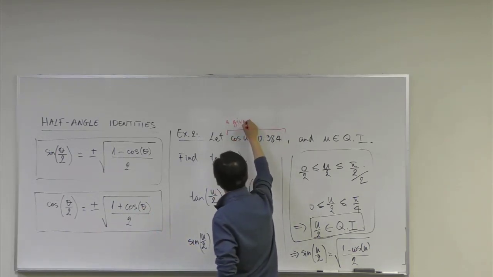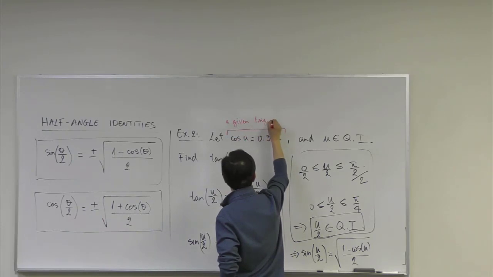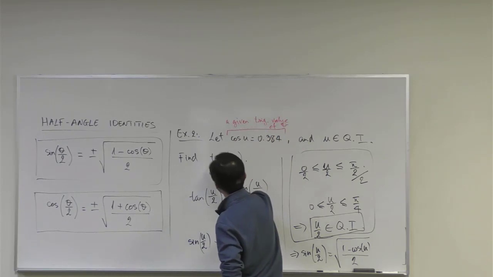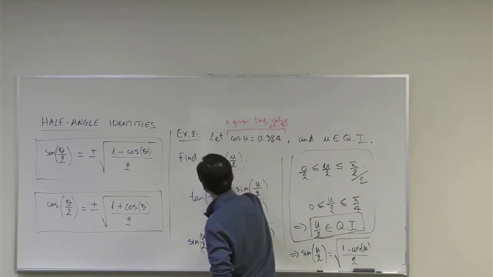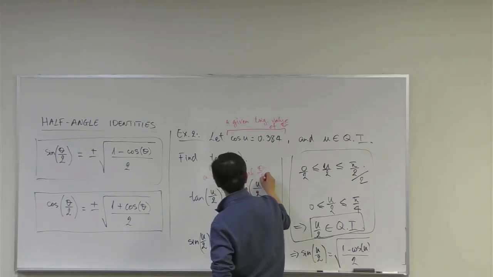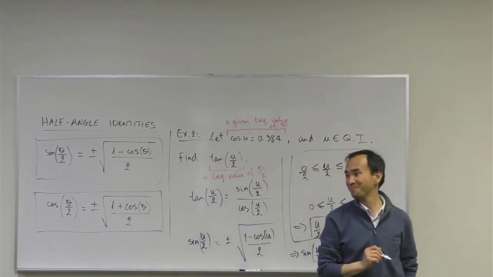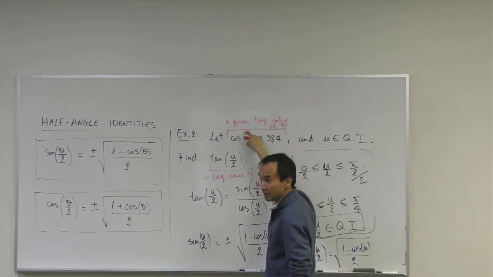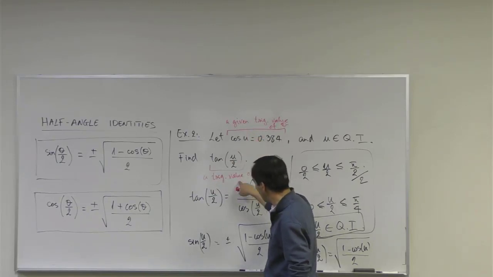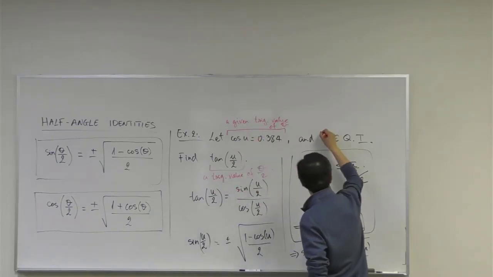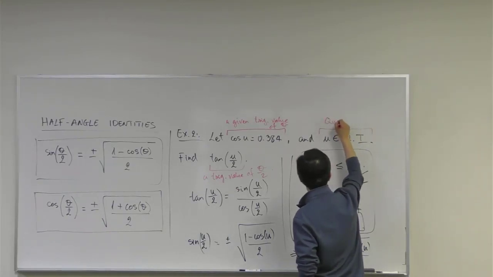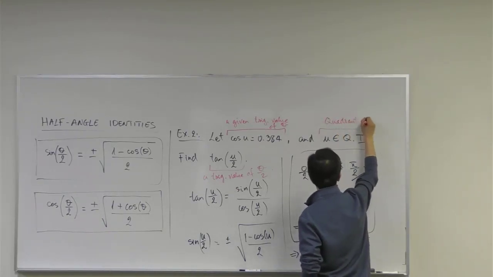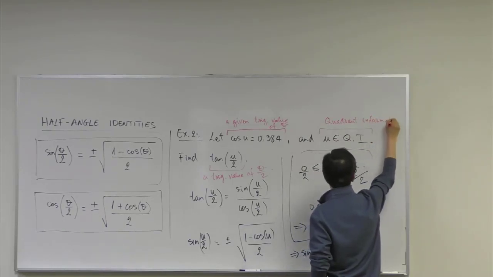What we have is a given trig value of the angle theta, and then you're calculating a trig value of the half angle. You're starting out with some given trig value of the original angle, and then you're calculating a trig value of the half angle. And then further you must be given the quadrant information.